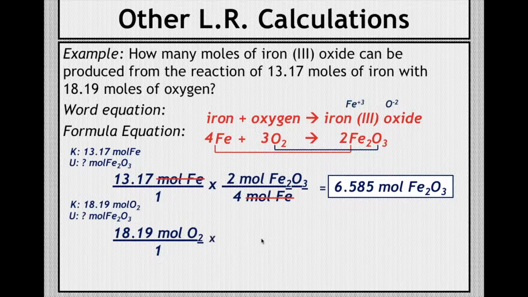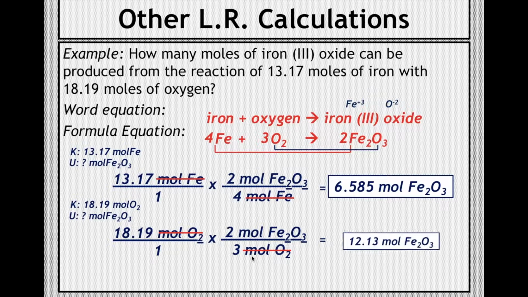We need to cancel out moles of oxygen so we can get moles of iron oxide. So we will use the coefficients that we find in the equation. There's 3 moles of oxygen, which we put here. There's 2 moles of iron oxide, which we put here. Then you just plug it into the calculator, 18.19 times 2 divided by 3, and we have our answer.